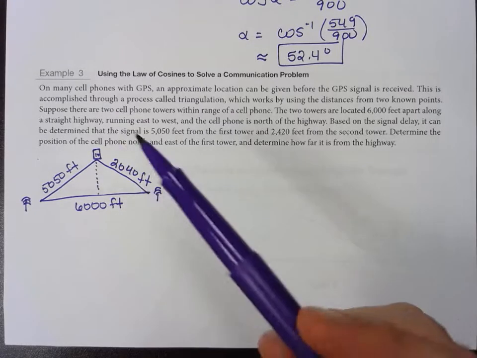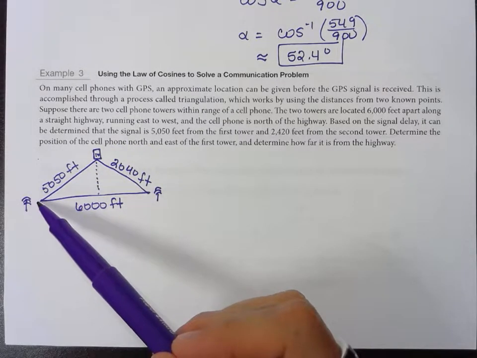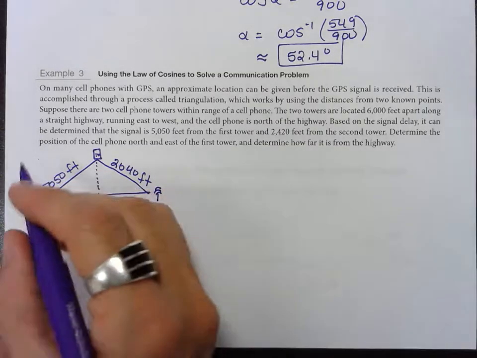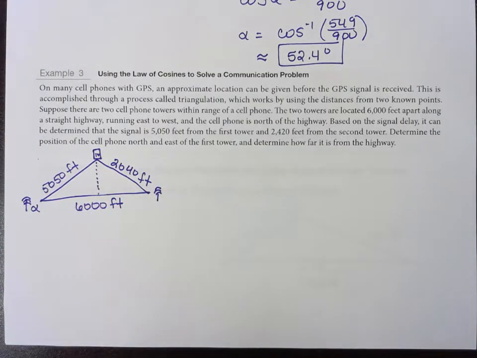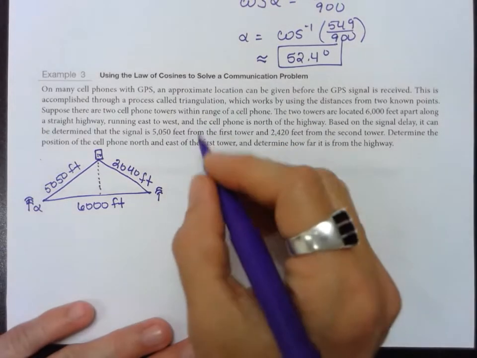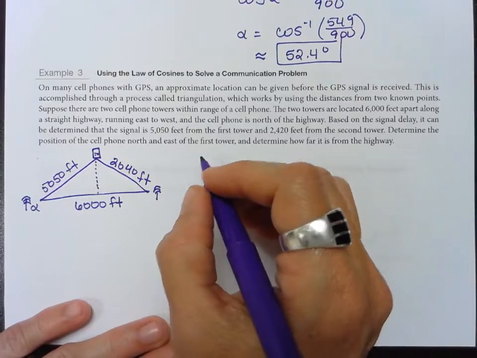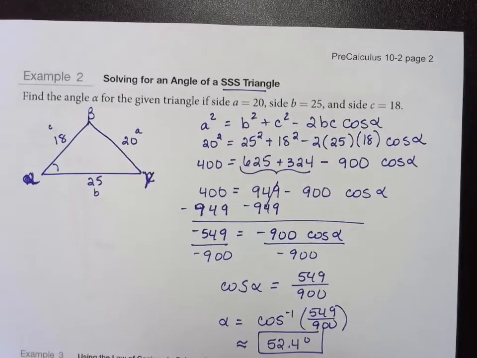Well, since we're looking for information from the first tower, let's call this angle alpha. That sound good? In that case, we can use the same formula that we used in our last one: a squared equals b squared plus c squared minus 2bc cosine alpha. This one right here.